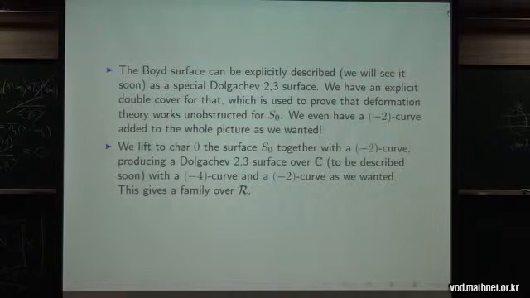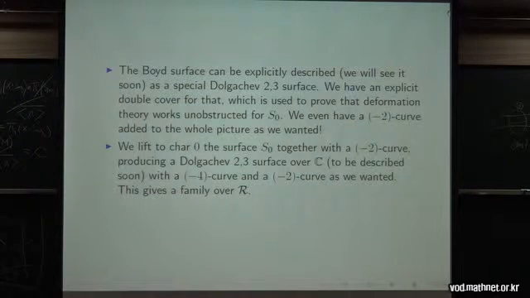So we can lift the singular surface, the one with this singularity, and there is a -2 curve here, to an actual Dolgachev surface over the complex numbers that has the same configuration, a -4 curve and a -2 curve attached transversally, so that we can contract the -4 curve and get this surface. So we will have a situation like this.